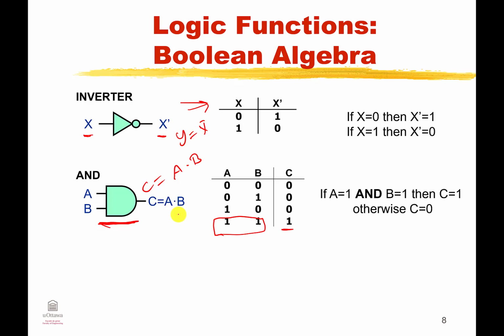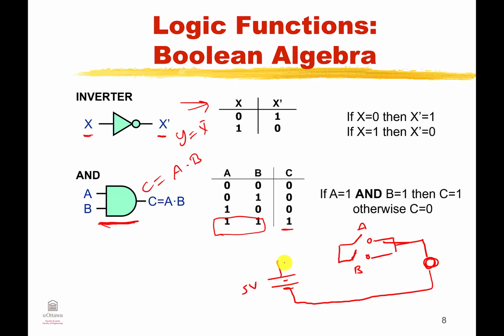If we do it again using our bulb example, I have here a switch, and here another switch, this is A and this is B, and both of them are connected to some bulb here, and then I have a battery of 5 volts, and then I connect that.